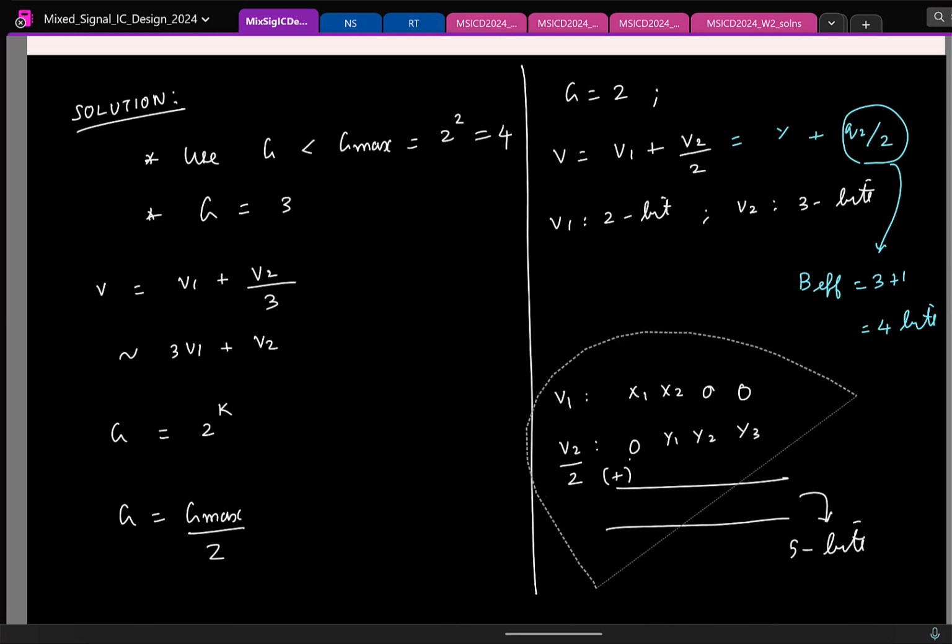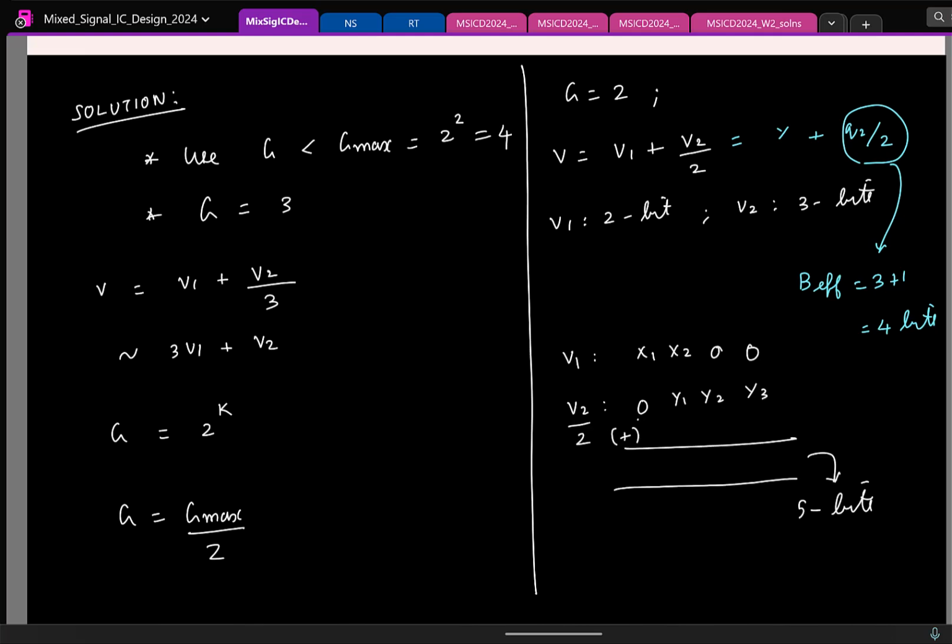So now you see that the final digital output at the max can be 5 bits, but the effective resolution is only 4 bits. So that's why in the beginning I told you, just because an ADC outputs 10 digital outputs doesn't mean the effective resolution is 10 bits. It can easily be smaller than that.